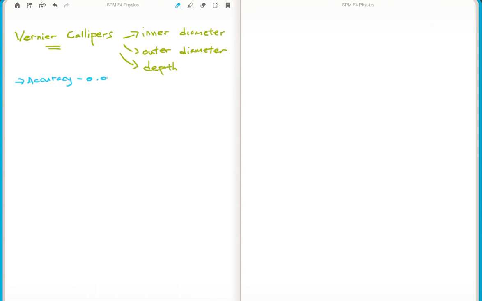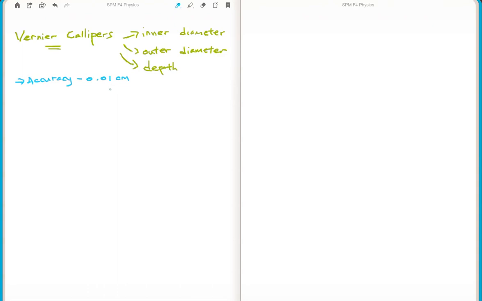The accuracy for a vernier caliper is 0.01 centimeter. So the smallest value, the smallest magnitude that you could measure is 0.01 centimeter. I want to stress it, it is centimeter.